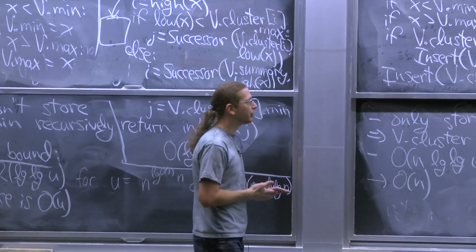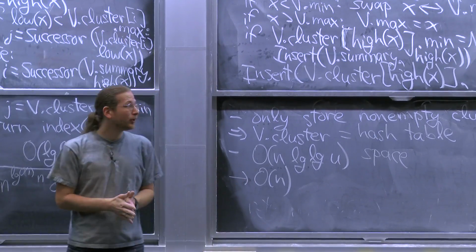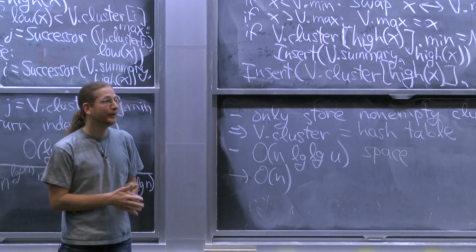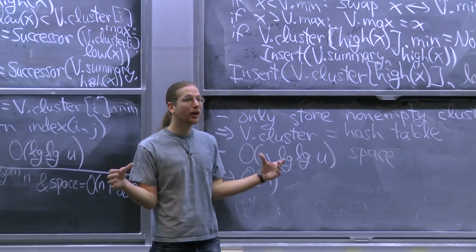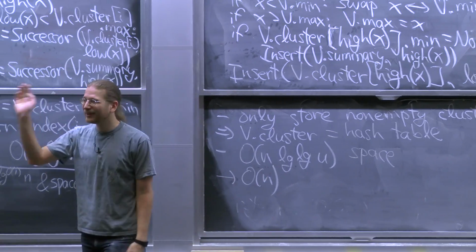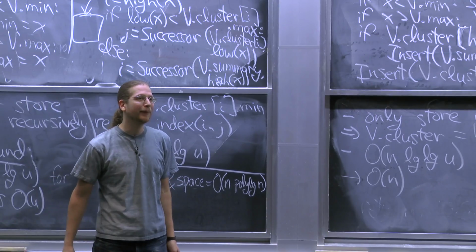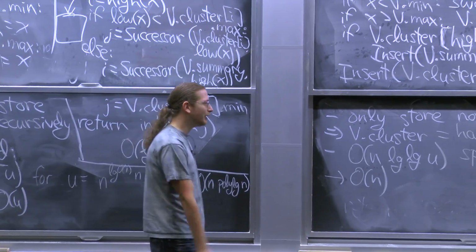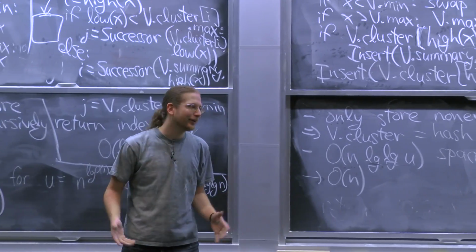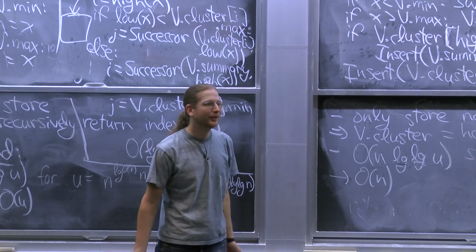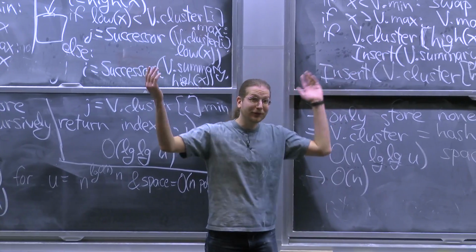Just stop the recursion when n is very small, like log u. When I'm only storing log u items, put them in a linked list. I don't care. You can do whatever you want on log u items in log u time. It's just a tiny tweak, but it turns out it gets rid of that log u in the space. It's a little bit messier, and I don't know if you'd want to implement it that way, but you can reduce to linear space, and that's van Emde Boas.